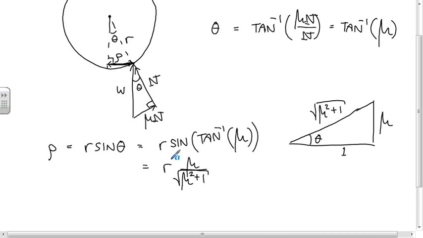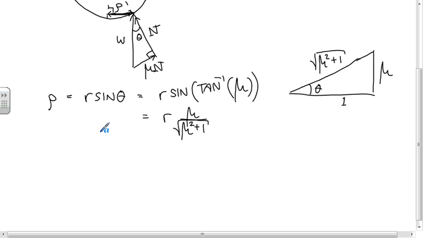Okay, and now we have the rho vector, or it's just a scalar in this case, and so the moment is equal to W times rho. So the weight times mu r divided by the square root of mu squared plus 1.